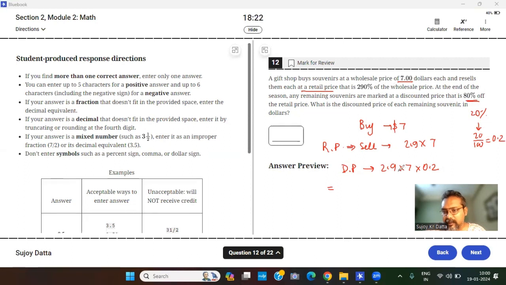So 2.9 times 7 is, sorry, 20.3. My bad. 20.3, 2.9 times 7. Multiply that with 0.2. So that would be 406, decimal place here, so $4.06. So we'll just write that: 4.06.